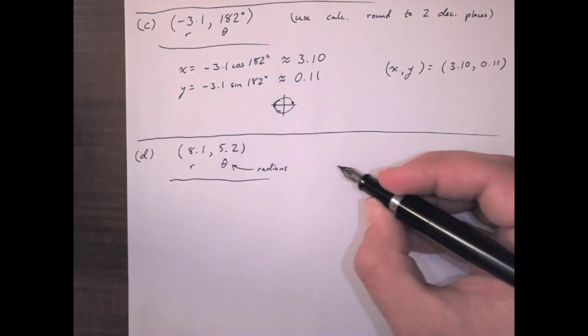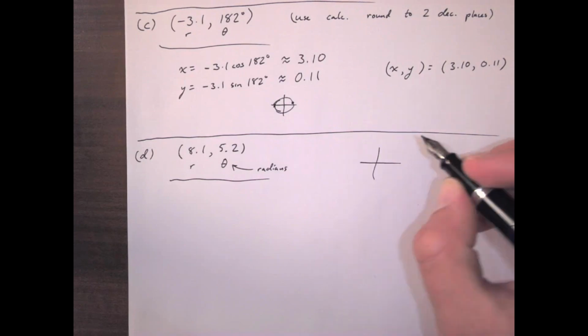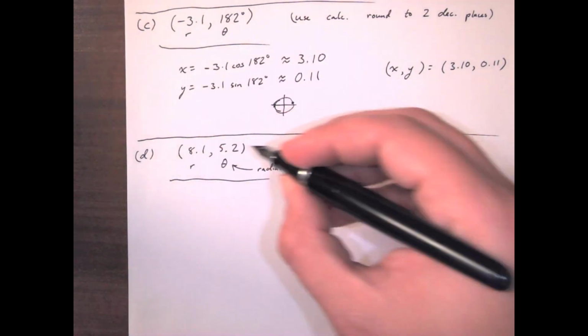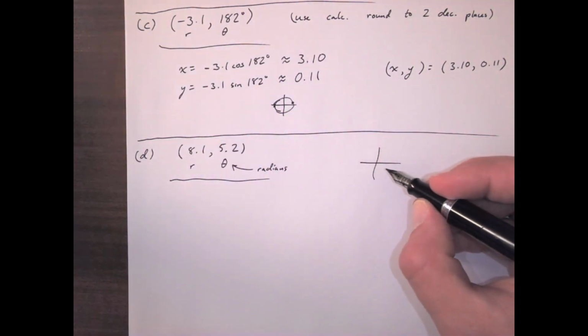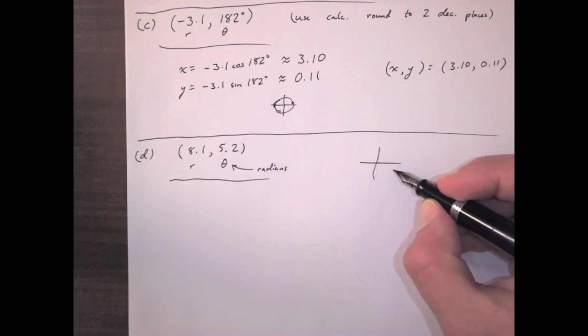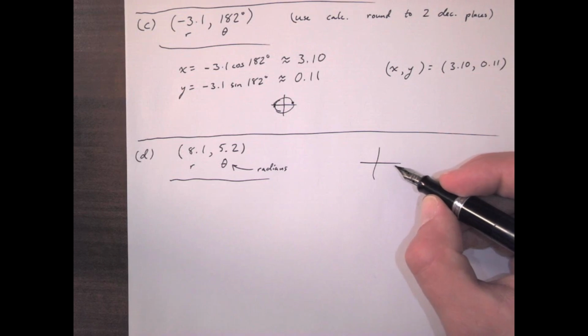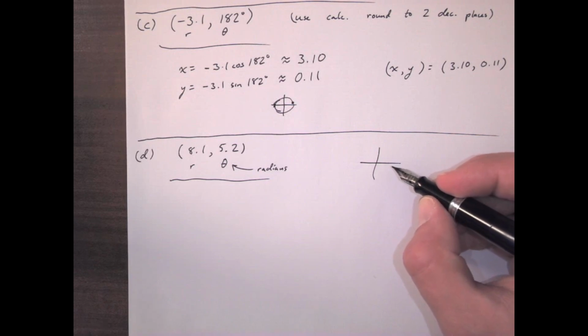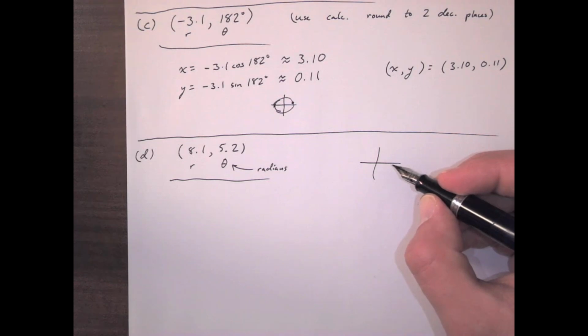Now, before we even proceed here, sometimes it is a good idea, just so that you don't make any kind of foolish mistakes, to try to guess at the approximate value that this would have. So 5.2, where is that? Well, we know that it is more than pi. Pi is 3.14. We know that it's less than 2 pi.